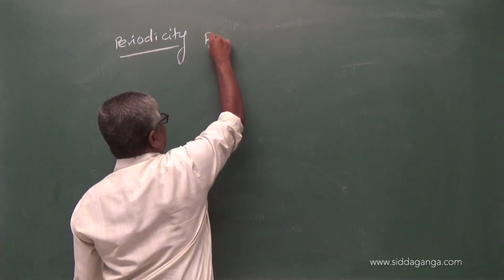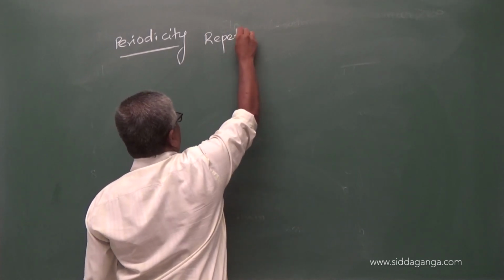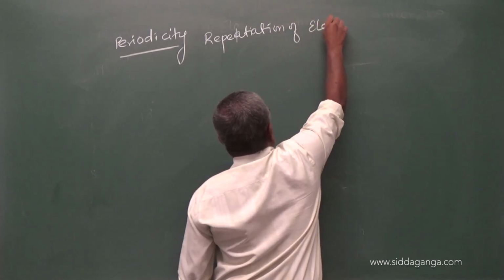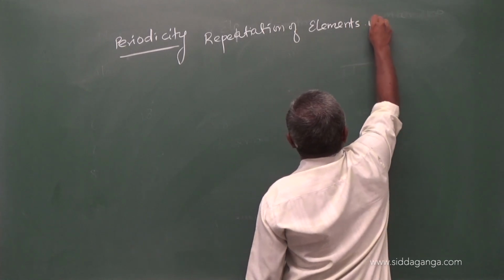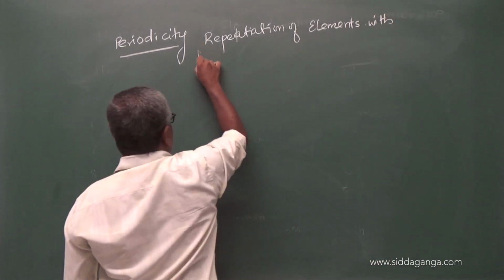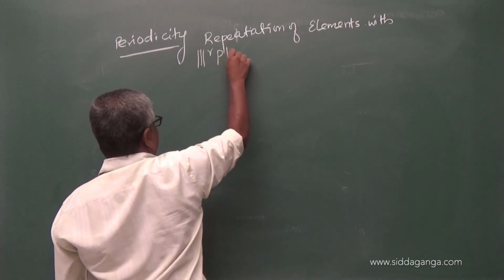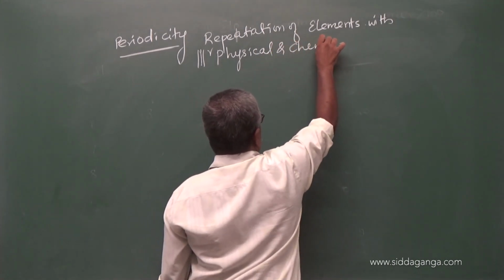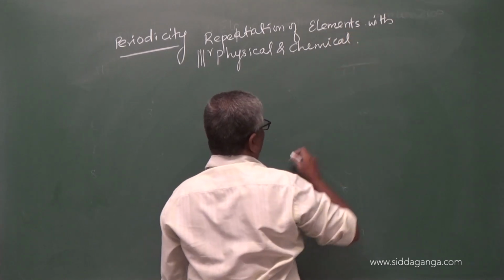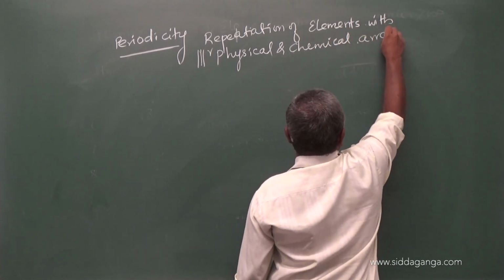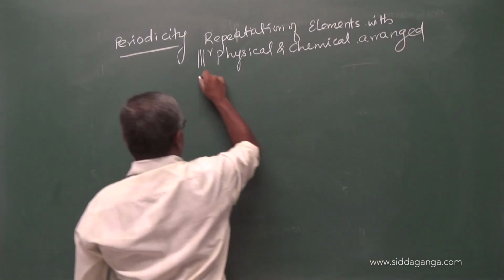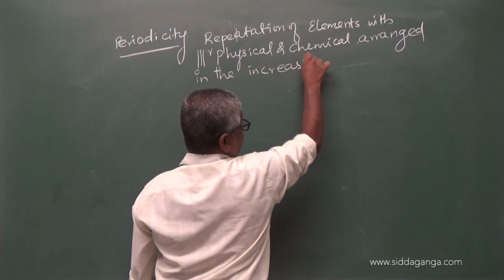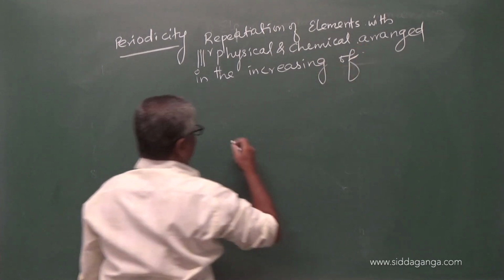So say, repetition of elements with similar physical and chemical properties, or you can call it only properties, arranged in the increasing order of atomic number.